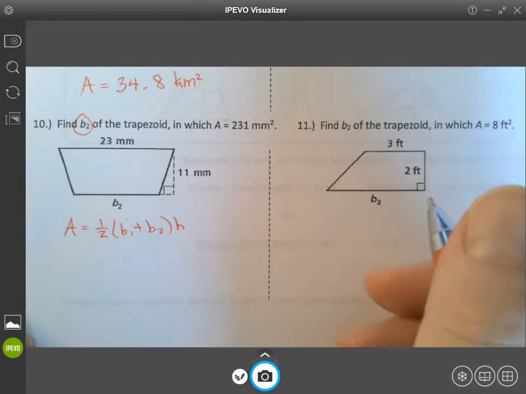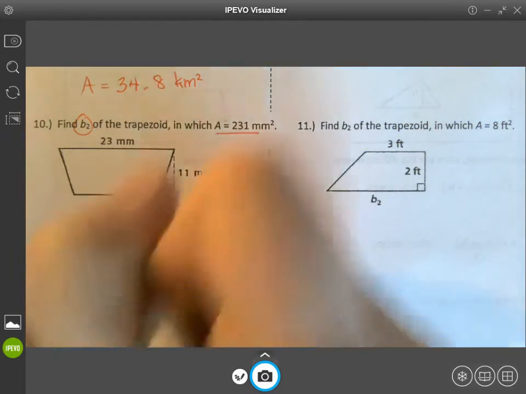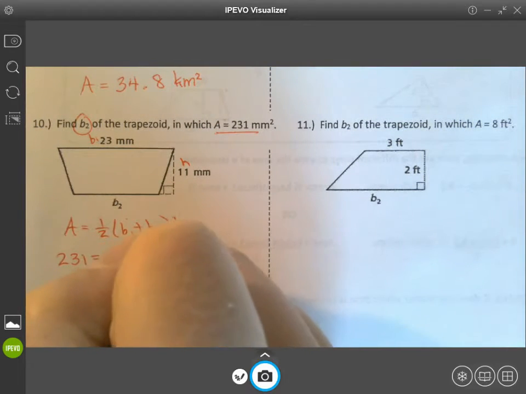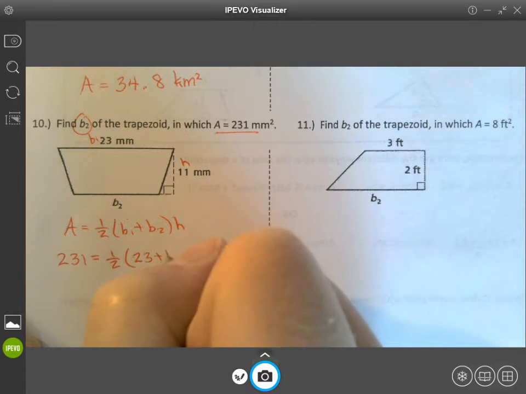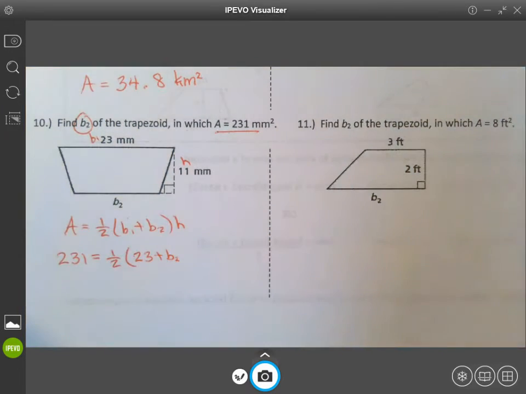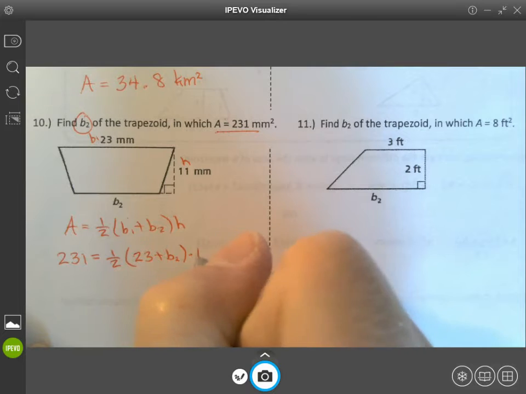Okay, so fill in what we know. We actually know the area is 231. We know base 1, and we know the height. So that would be 1/2 times base 1, which is 23. We don't know base 2. Now, that little 2 has nothing to do with squaring. It's just saying first base, second base. And then times the height of 11.